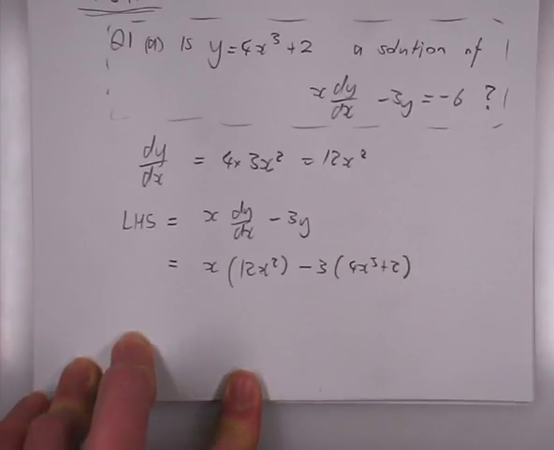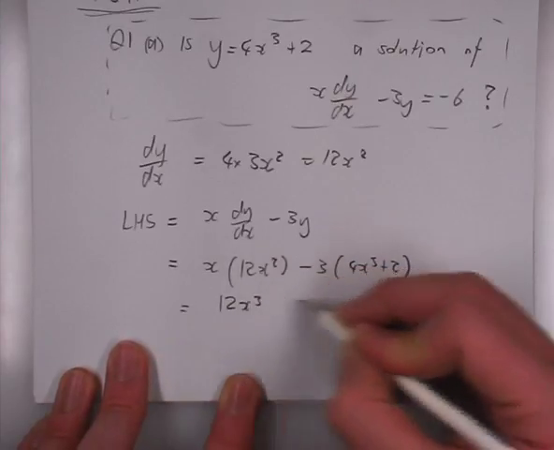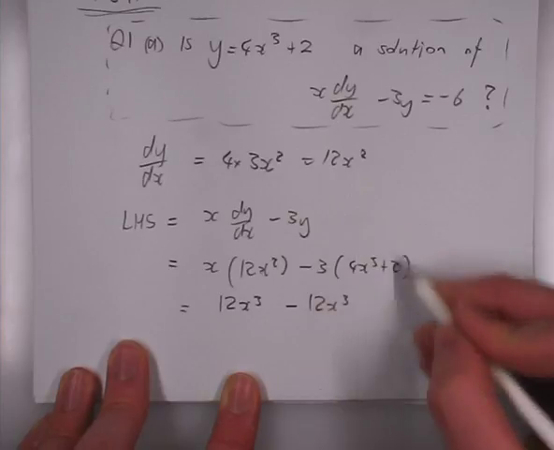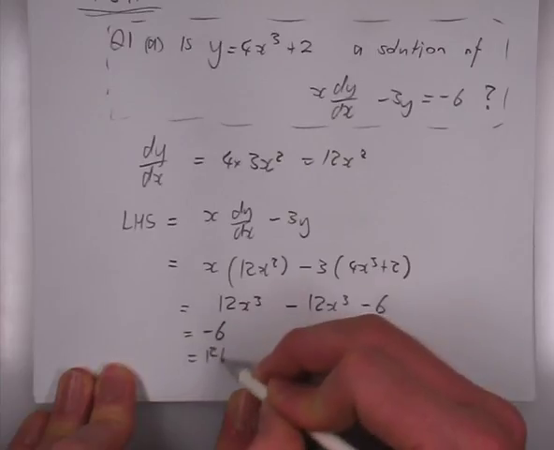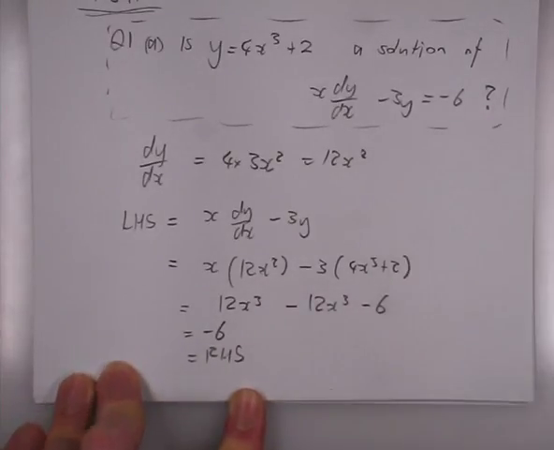So I sub them both in, and so what I get is 12x cubed minus, so let's see, 3 times 4 is 12x cubed, minus 3 times 2 is minus 6, so I get minus 6, which is the right-hand side. So, technically, and so therefore, yes, it is a solution.